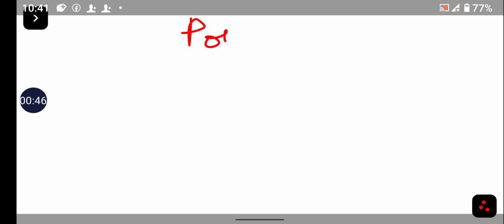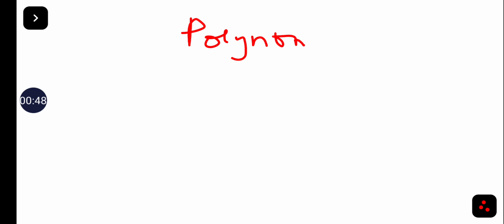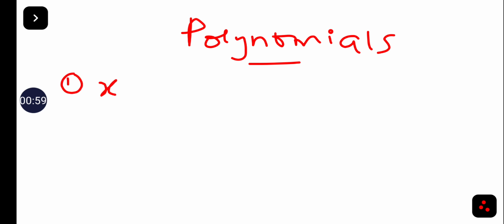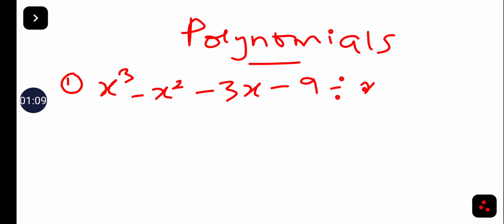Which means if you are asked, for example, let's say we are on polynomials, to divide x cubed minus x squared minus 3x minus 9 divided by x minus 3.